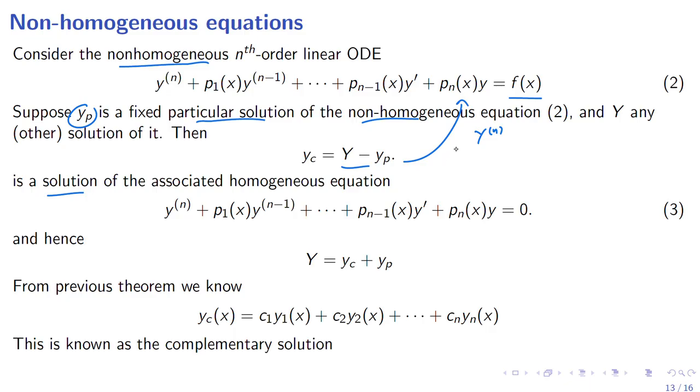So for example, if we apply y, we'll get f of x on the right hand side, and then again for yp we'll get f of x, and then f of x subtracts f of x, and we get our right hand side equal to 0.